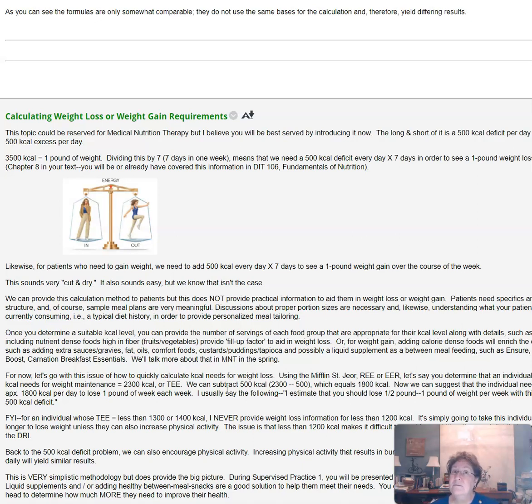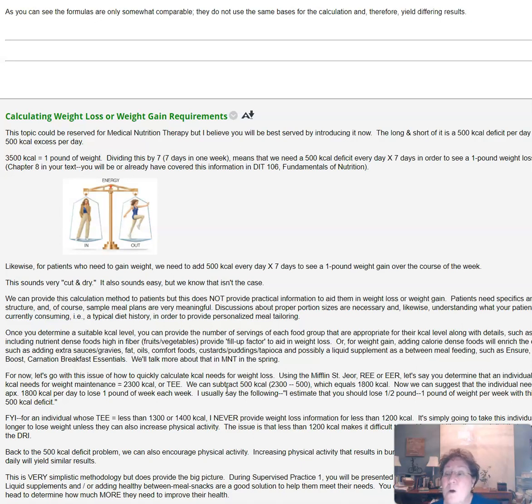What we actually do is take 500 calories times 7, meaning 7 days in 1 week. When we multiply 500 times 7, we're going to get 3,500 calories. That's equal to a pound of weight.